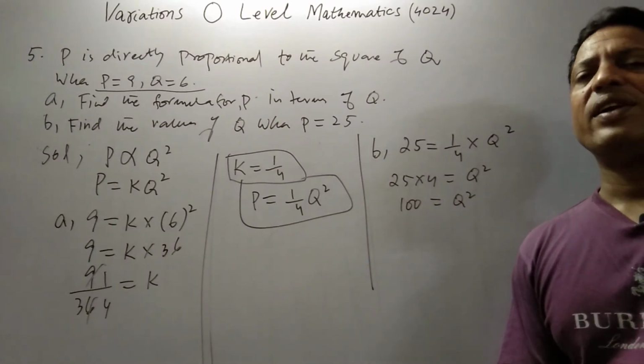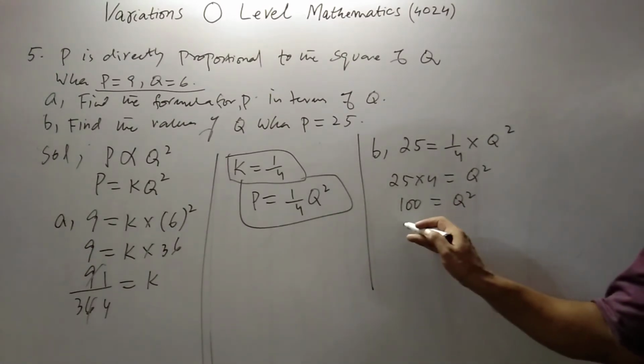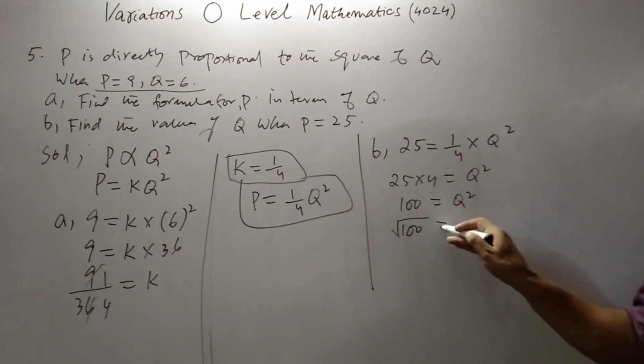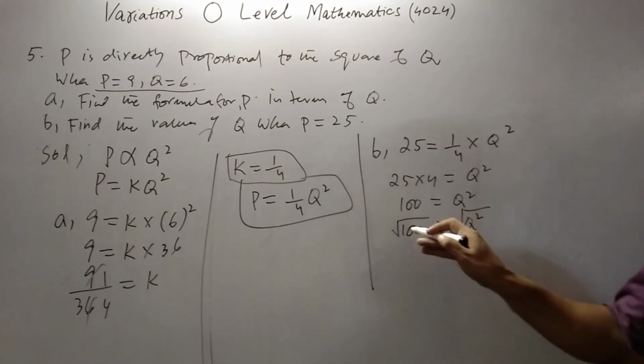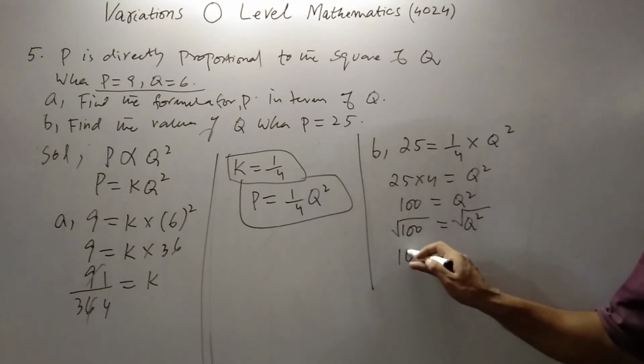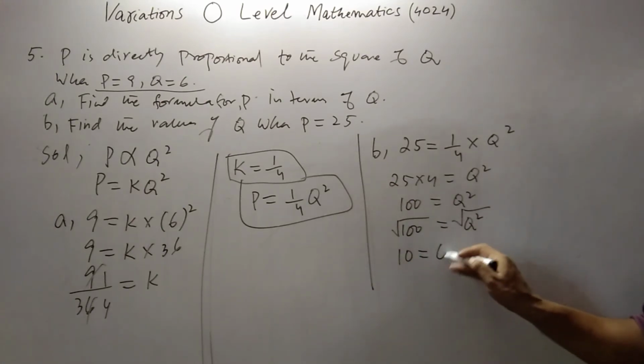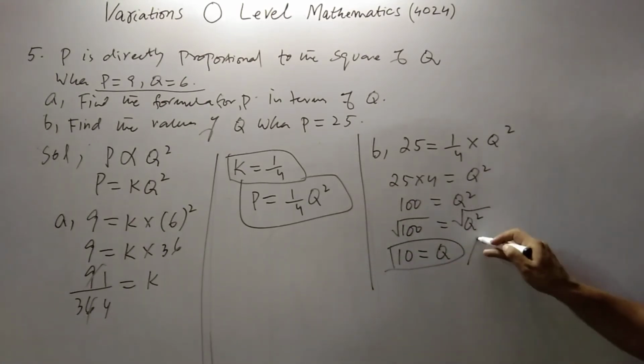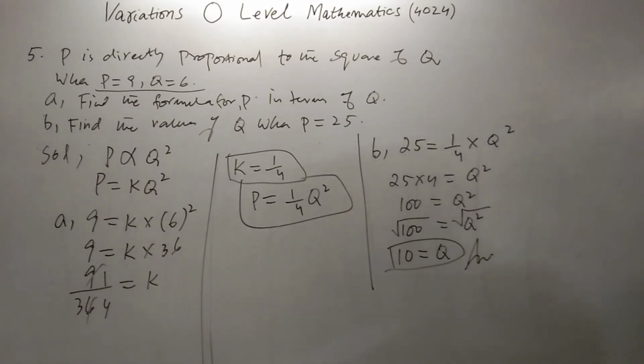But we need to find the value of Q. Therefore we have to take square root on both sides. You know the square root of 100 is 10 and the square root of Q square is Q. Therefore the value of Q is 10. So this is question number 5.